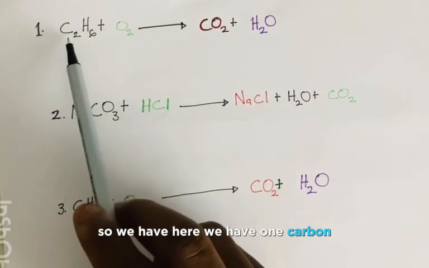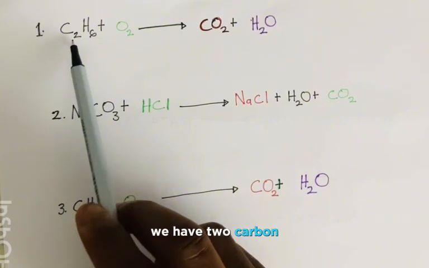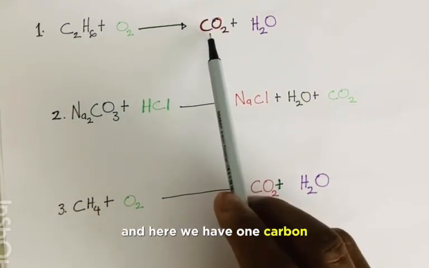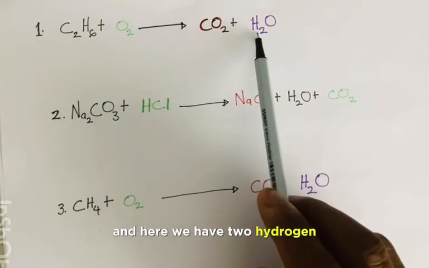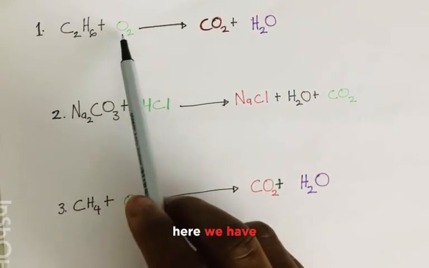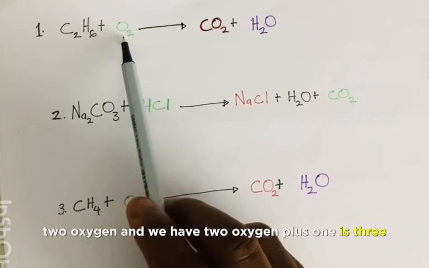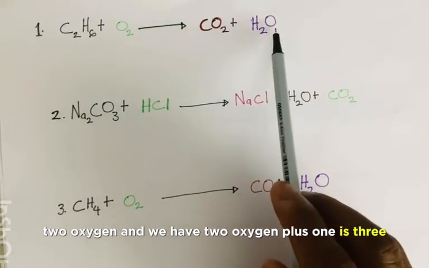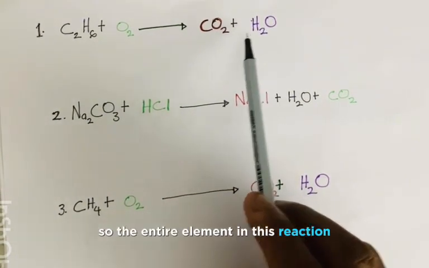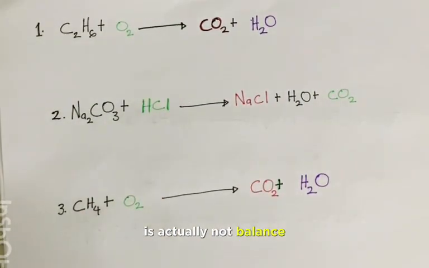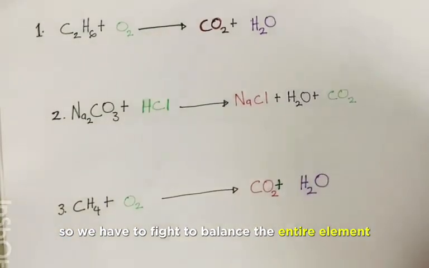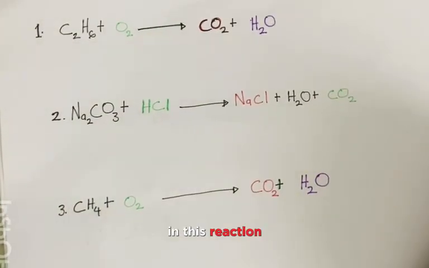So we have 2 carbon, and here we have 1 carbon. We have 6 hydrogen, and here we have 2 hydrogen. Here we have 2 oxygen, and here we have 2 plus 1, which is 3. So the elements in this reaction are not balanced, and we have to balance them.